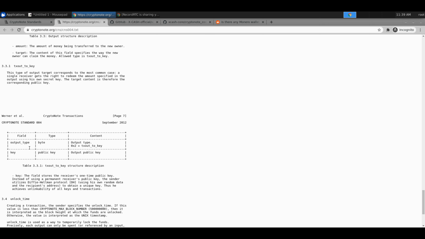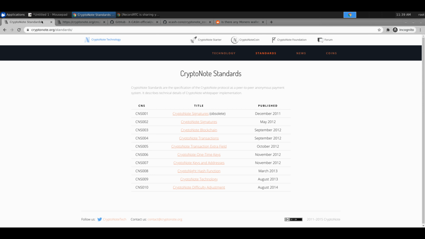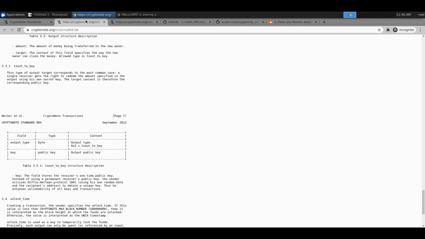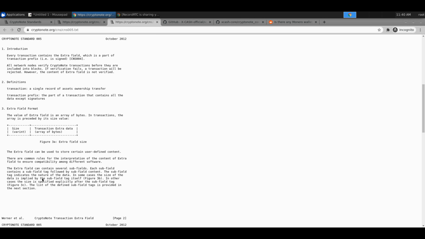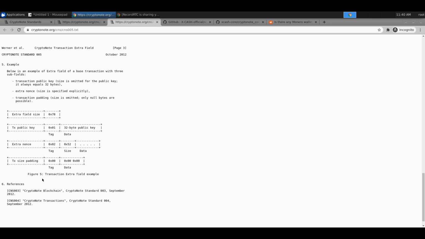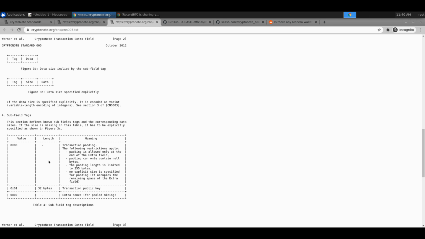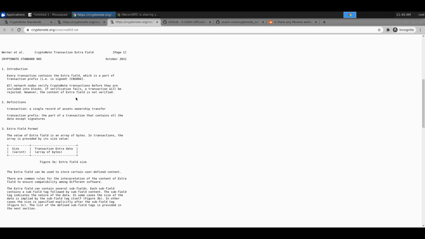What I think is interesting is they devote a whole other section about the transaction extra field. So just one little field gets its own, I don't know how many pages that is, but a few pages on it.